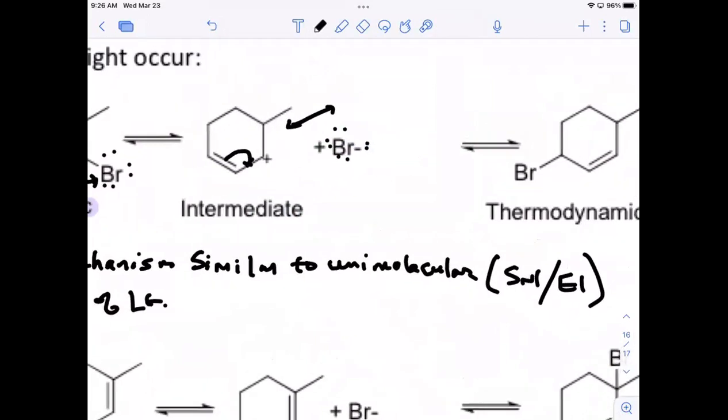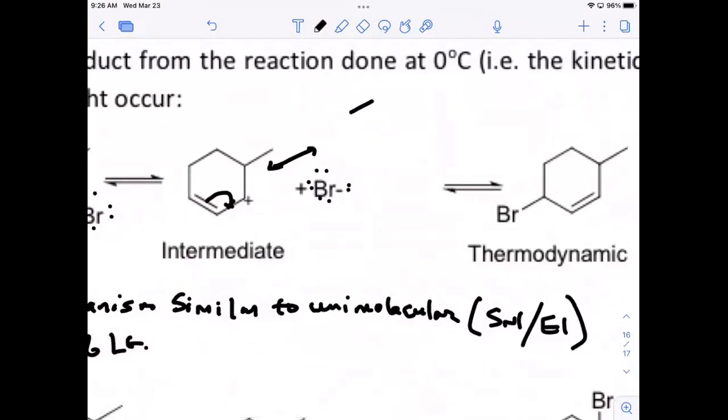And so the resonance form for that is going to look like this. Now the double bond is here. That methyl group is still here, and the plus charge is here.